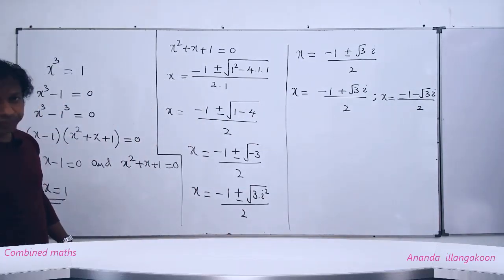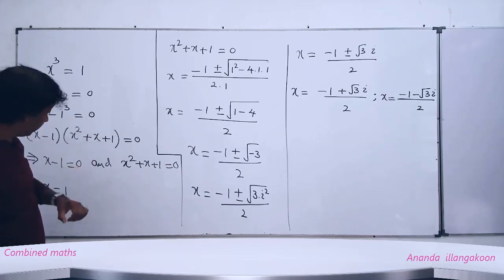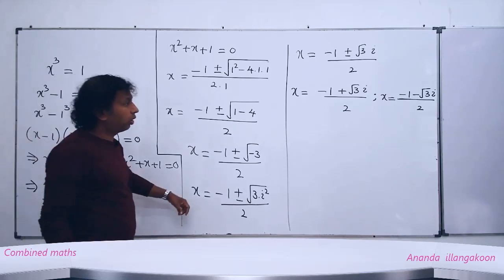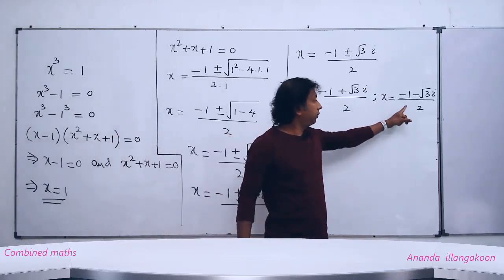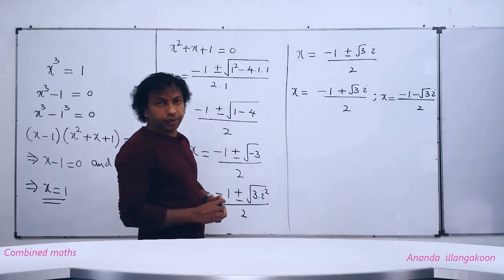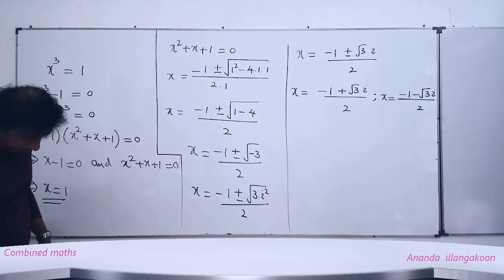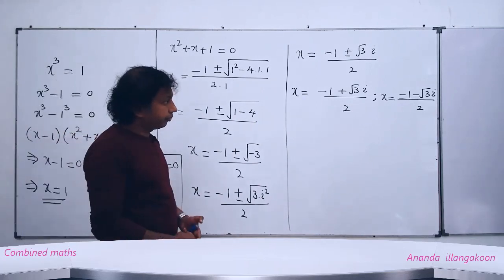Then altogether, there are three answers for cube root of 1. One is this value 1. Other two are this and this. Okay. Then write down one sentence. Write down like this.